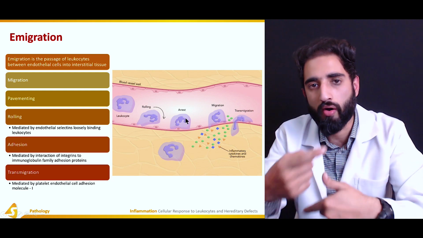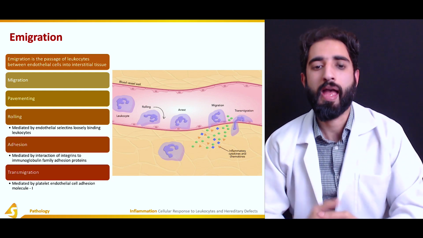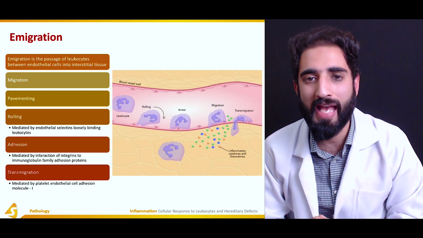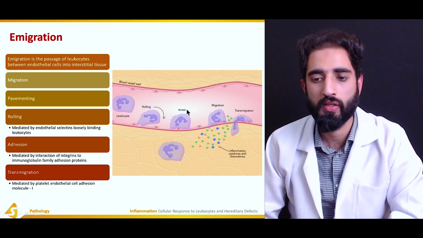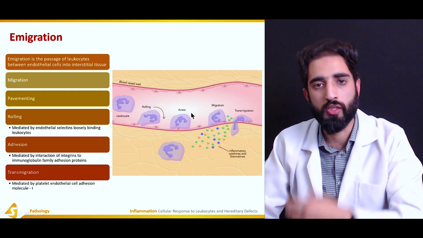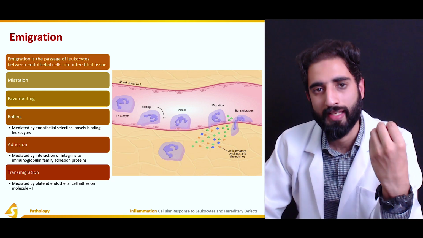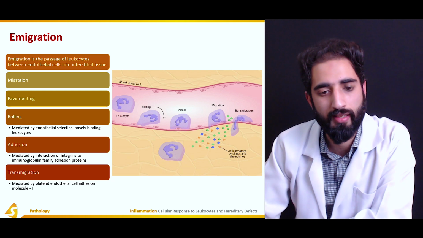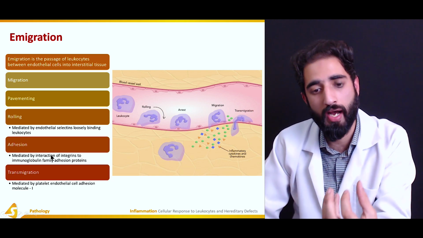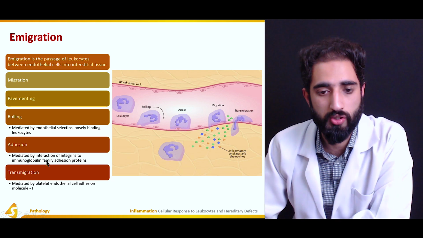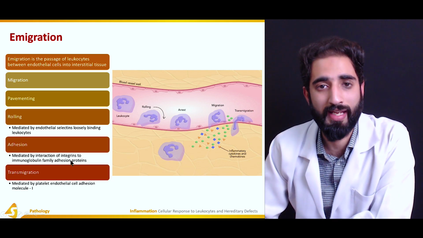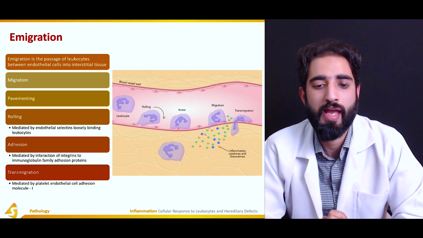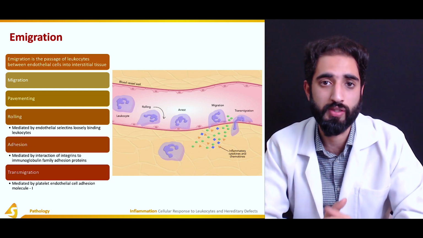That rolling eventually stops, and that part is known as arrest or adhesion. During adhesion, the cell stops rolling and adheres to the endothelial lining, and that is mediated by another type of adhesion molecules, the integrins on the leukocytes, binding to the immunoglobulin family adhesion proteins present on the endothelial cells.